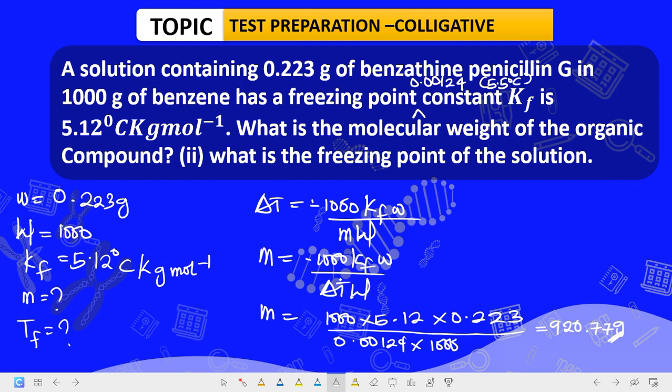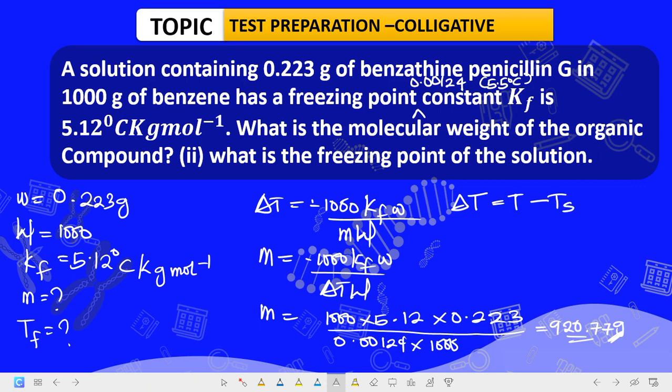Let's see if we are correct in our calculation. Now if everything is correct, this is what you are going to get. Now the next question says what is the freezing point of the solution? Now we know that change in freezing point, which is change in T, is equal to, for freezing point depression, the freezing point of the pure solvent is always higher than that of the solution.